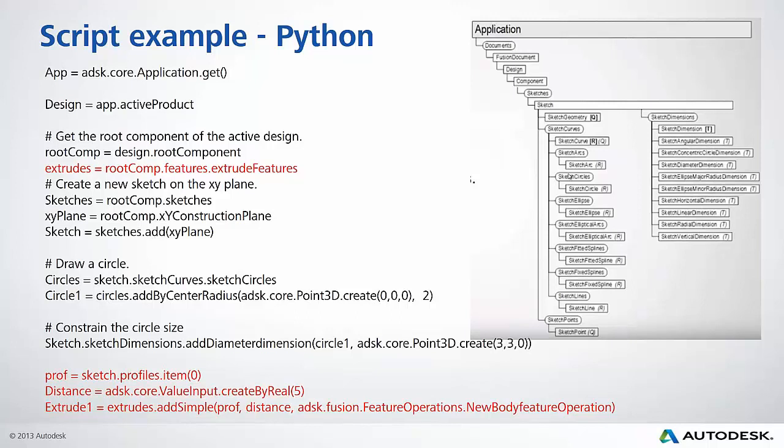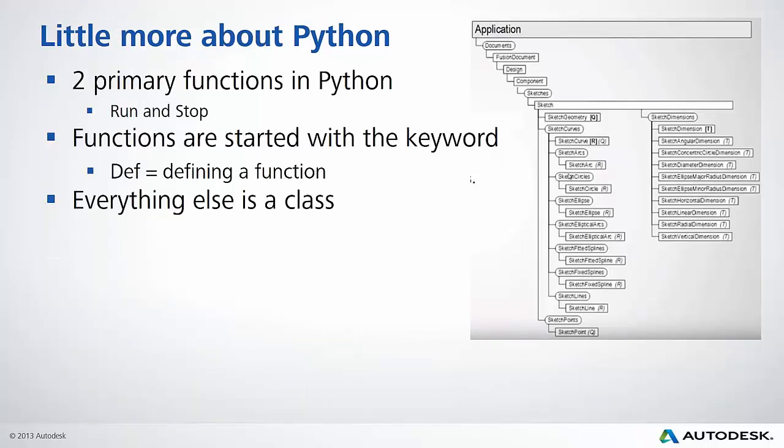Okay. So in running forward with Python, there's 2 primary functions whenever you're creating add-ins and even some of the more advanced scripts. The main ones that you'll see are run and stop. Run is the function that it does whenever the add-in is actually running.